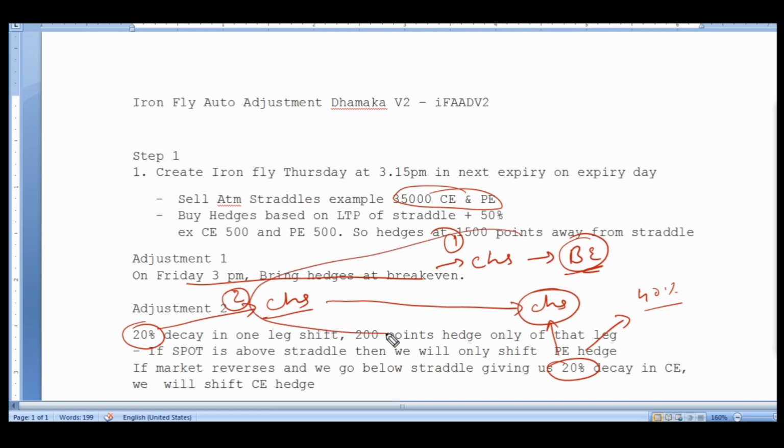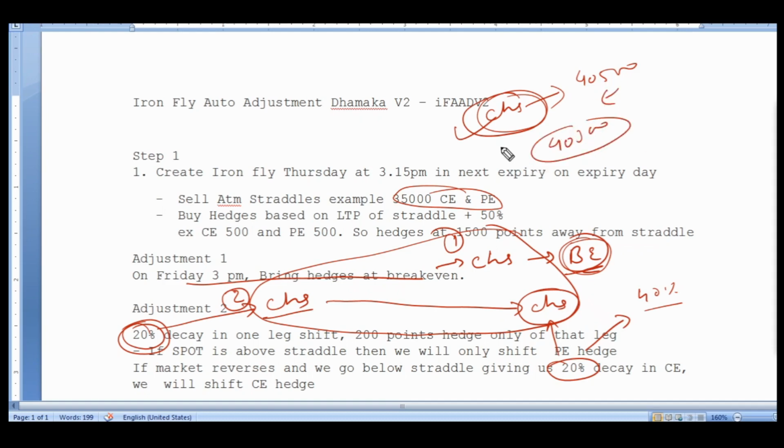So in all of this strategy, my call hedges will be known as call hedge strike, and they will be changing, right? Suppose after this break even our call hedge is 40,500. Suppose this second adjustment happens, so as you know we need to minus 200 from this, so our new hedge is 40,300. So our CHS value now is this. Suppose this 40% decay happens, so now our call hedge value will be 40,200.